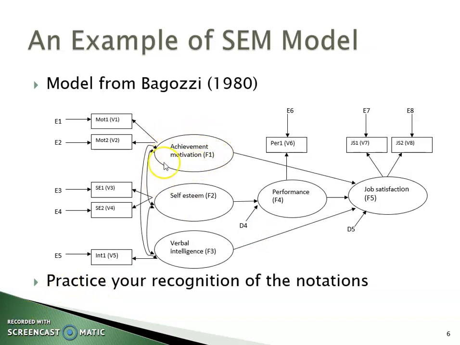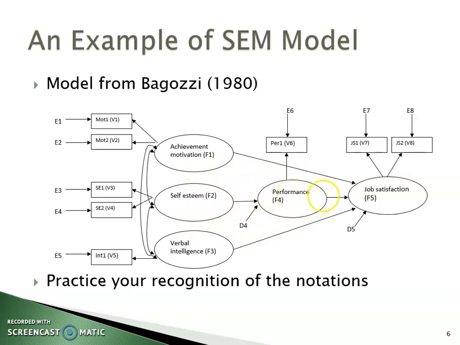Here, achievement motivation, self-esteem, and verbal intelligence are all exogenous factors. Job satisfaction is an endogenous factor. Performance could be an endogenous factor if you are looking at the relationship between self-esteem and performance.